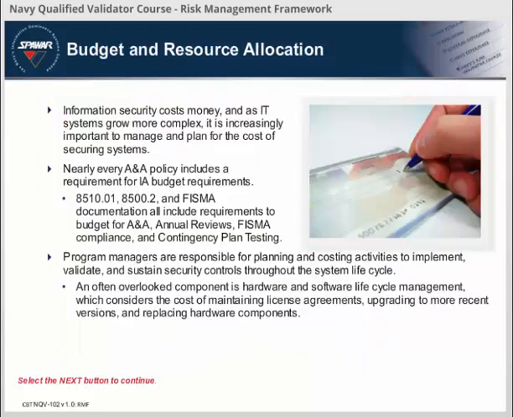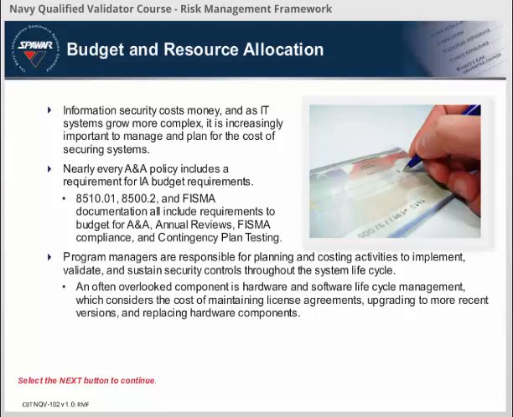Information security costs money, and as IT systems grow more complex, it is increasingly important to manage and plan for the cost of securing systems. Nearly every A&A policy includes a requirement for IA budget requirements. 8510.01, 8500.2, and FISMA documentation all include requirements to budget for A&A, annual reviews, FISMA compliance, and contingency plan testing.